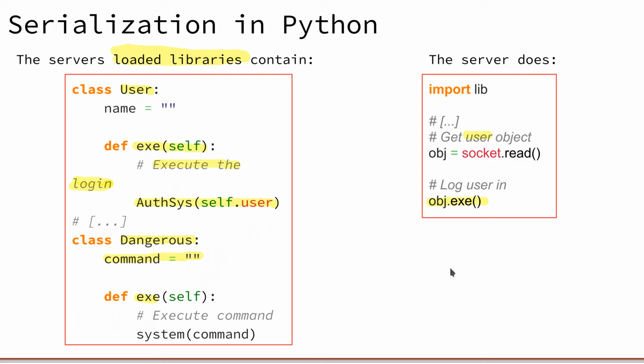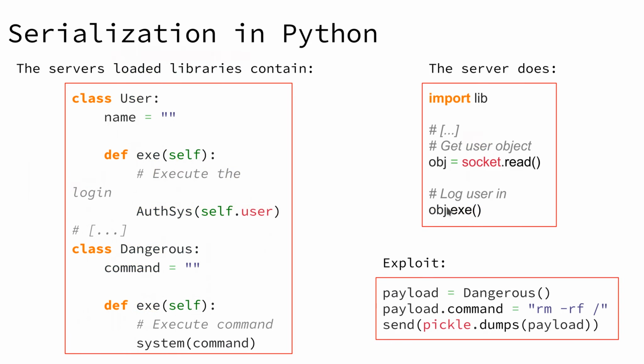Well, then the dangerous class will be used and the system command will be executed, because we use the code flow that the developer wrote, and just by changing classes and attributes we make the code do something we want it to do.